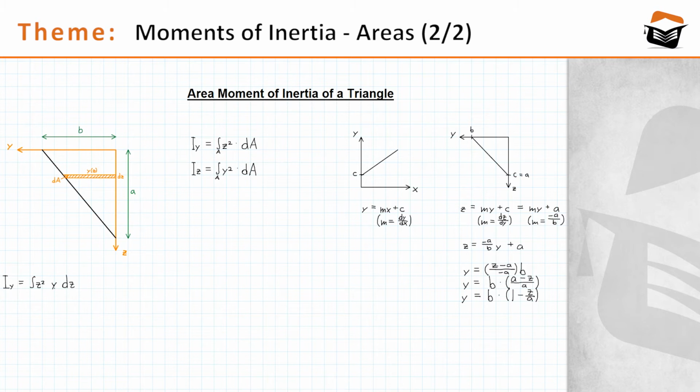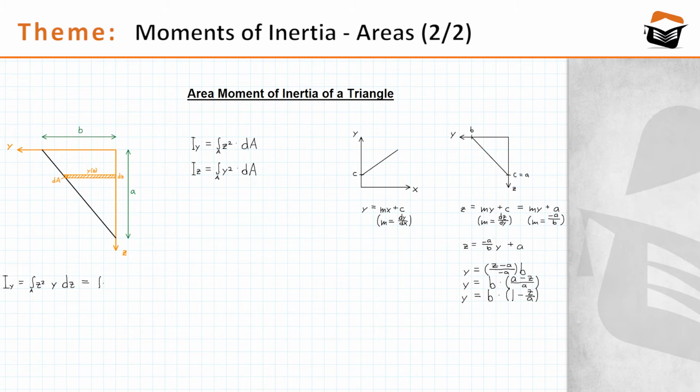And the dependence of y as a function of z is expressed by this equation. So we need to insert this part into y. Let's do that. Let me first indicate that we're integrating over the area of the triangle.